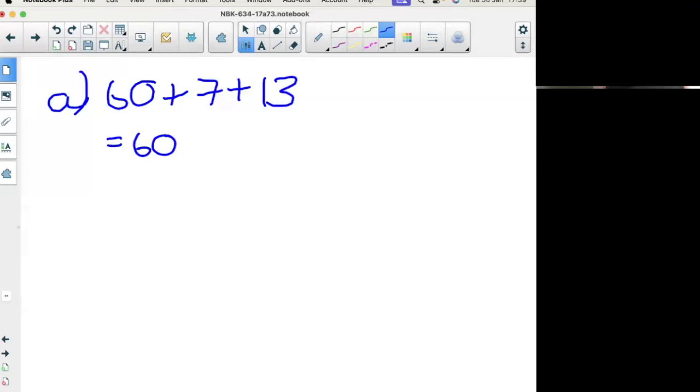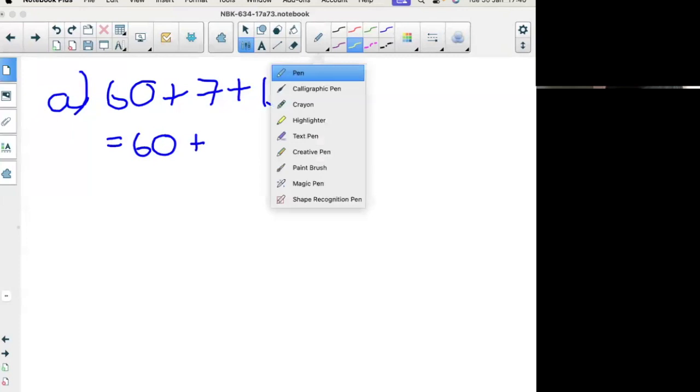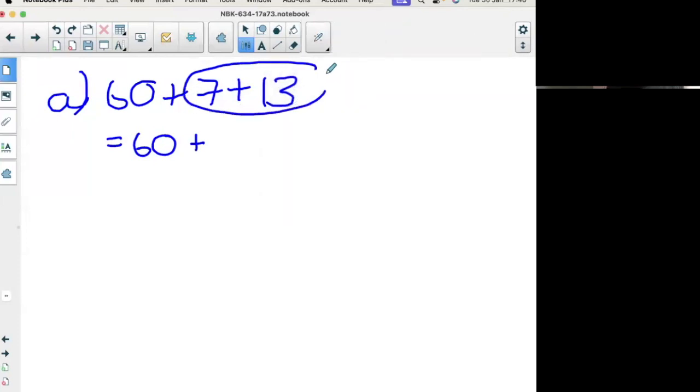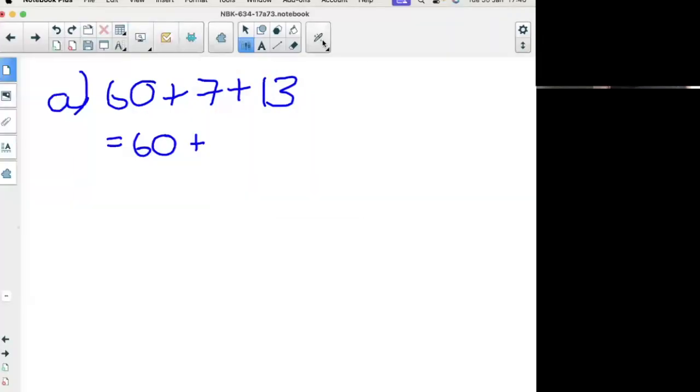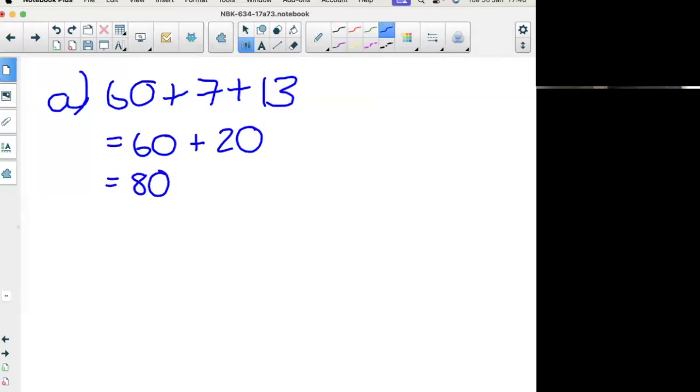If I start by adding just these two numbers, 7 plus 13, that's a really nice, easy one for me. 7 plus 13 is going to give me 20. And 60 plus 20 gives me 80. So that's what the commutative law is.